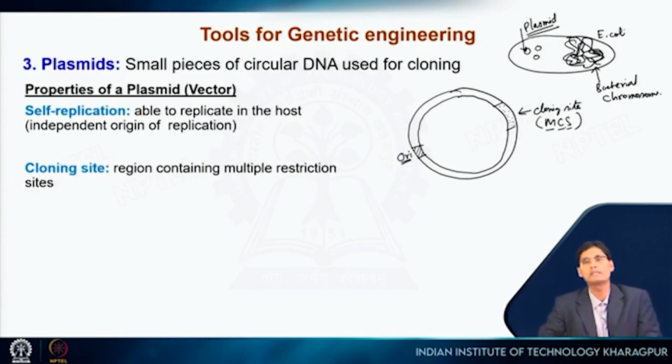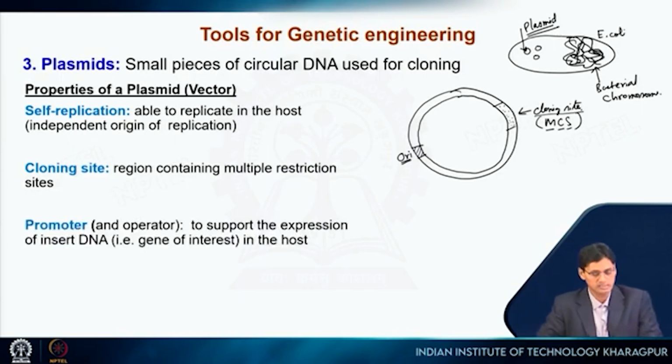So multiple cloning site. In natural plasmids, you might not get many restriction sites in their sequence. But nowadays, whatever plasmids we use in the lab are engineered plasmids. This region, like the cloning site, is engineered in such a way that you have the option of many different types of restriction enzymes you can use to cut that particular sequence. So this is a little bit of an engineered version of plasmid we use nowadays. Now, the promoter. Promoter and operator, all those things are important for gene expression, as you already know, right, to support the expression of insert DNA.